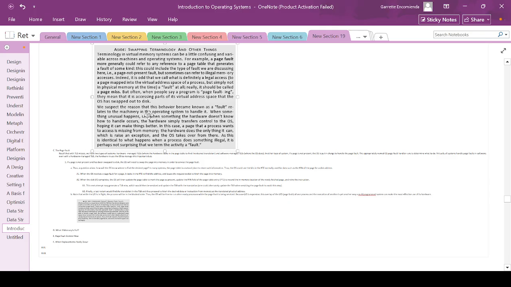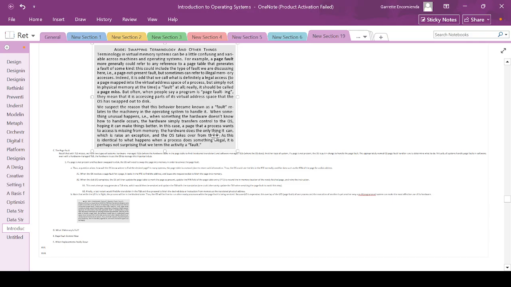We suspect the reason that this behavior became known as a fault relates to the machinery in the operating system to handle it. When something unusual happens, like when something the hardware doesn't know how to handle occurs, the hardware simply transfers control to the OS, hoping it can make things better. In this case, a page that a process wants to access is missing from memory.